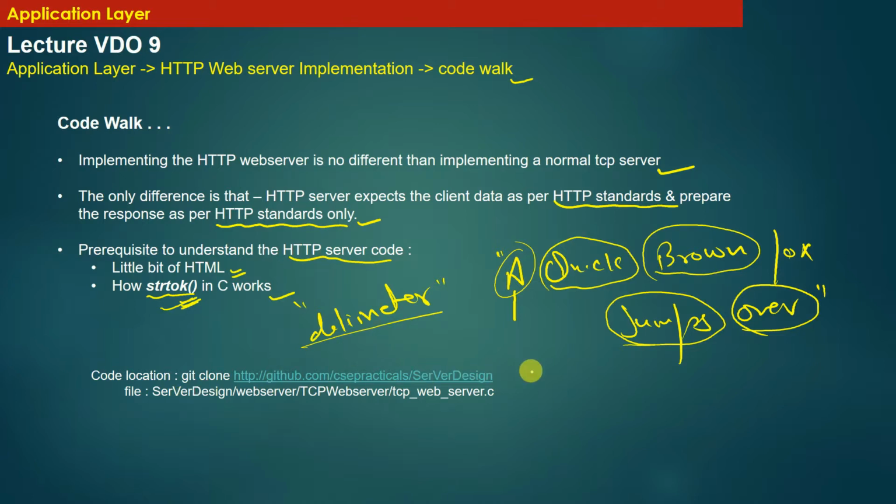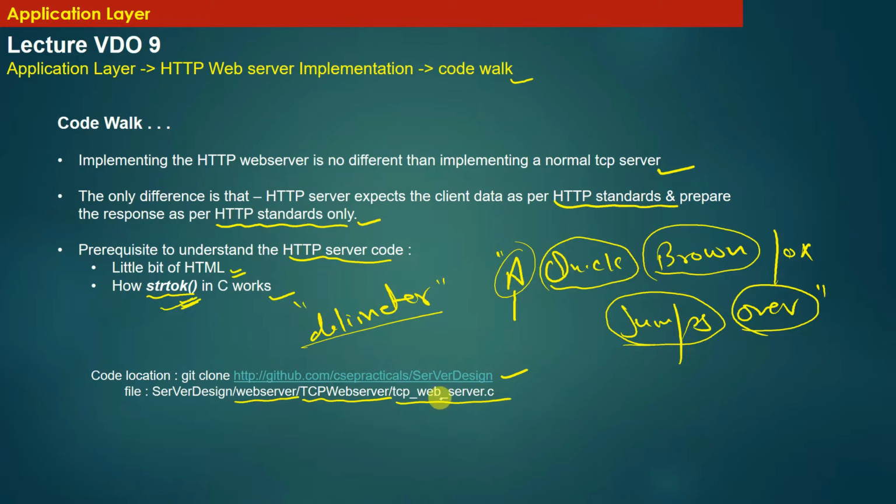You can download the code from this URL. In this directory, that is server design, you can navigate to the directory web server, and inside the web server directory you have the TCP web server directory, and inside this directory you have a tcp web server.c file, which is the implementation of the HTTP web server.